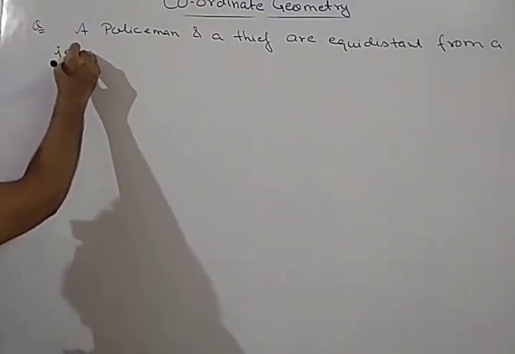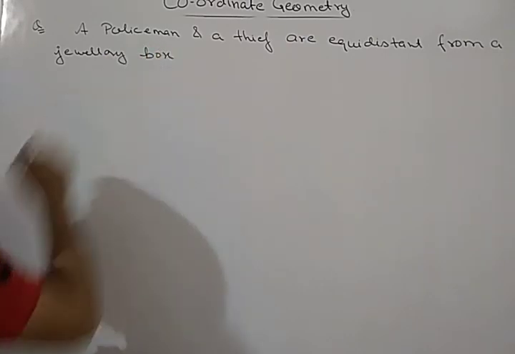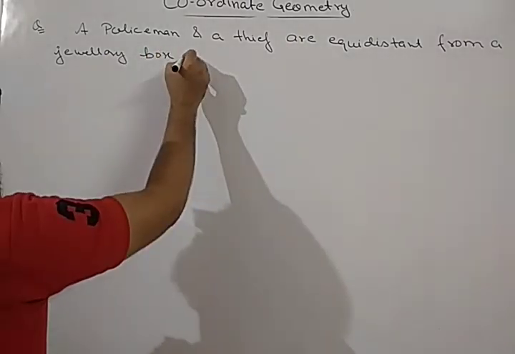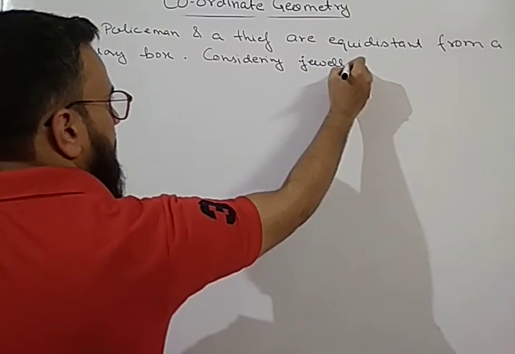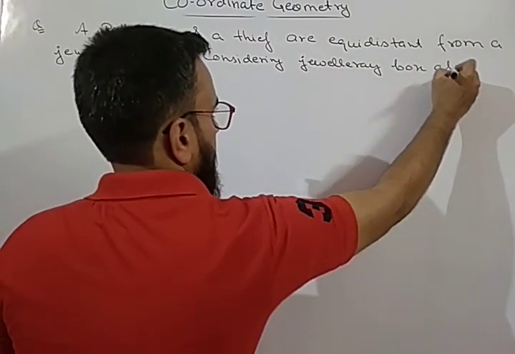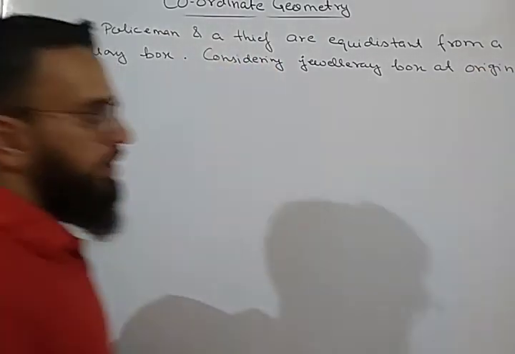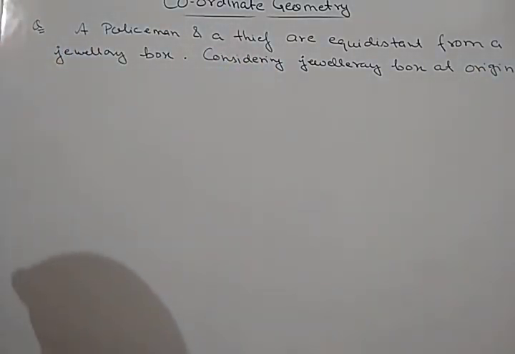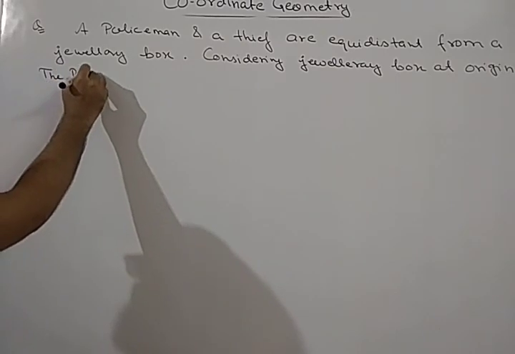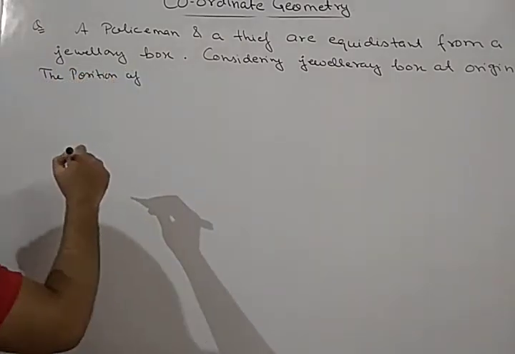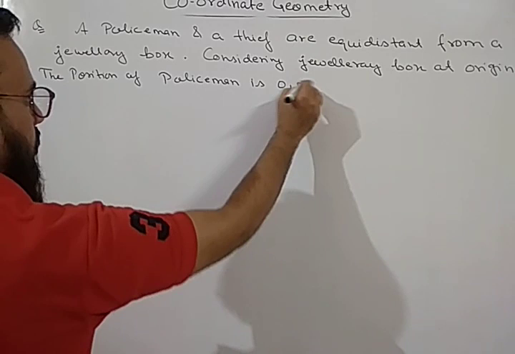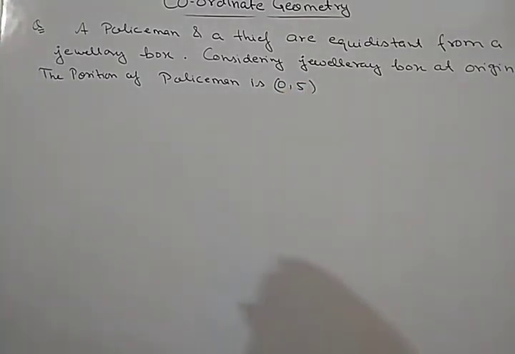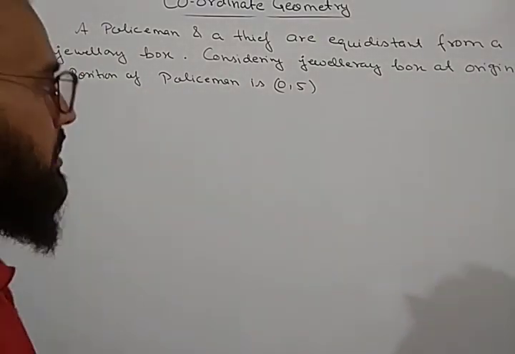Considering the jewelry box at the origin, the position of the policeman is (0, 5).